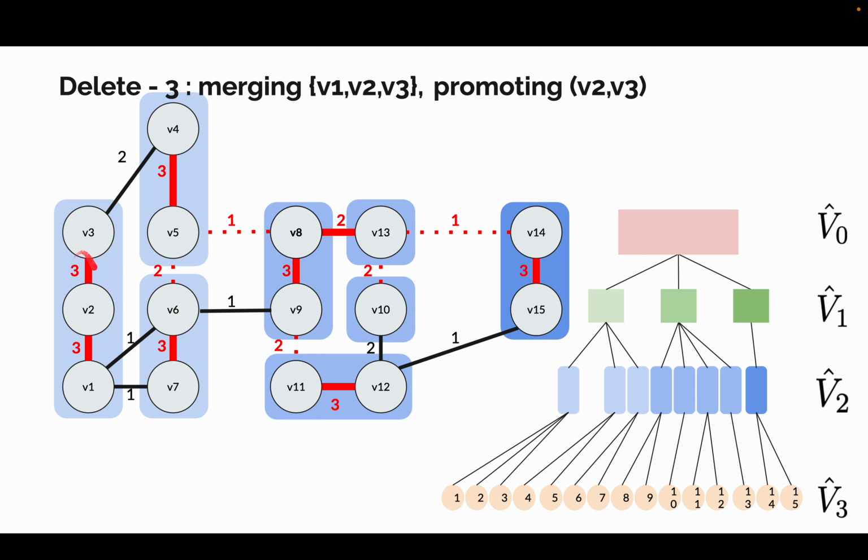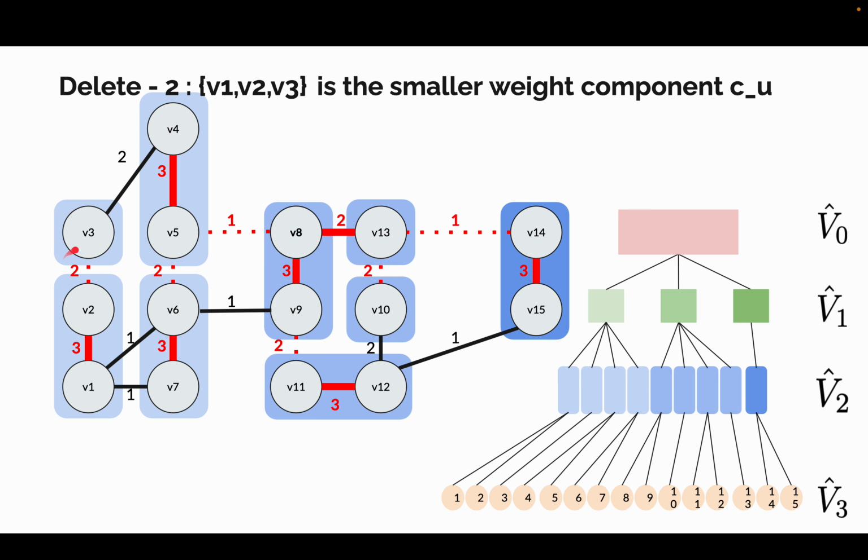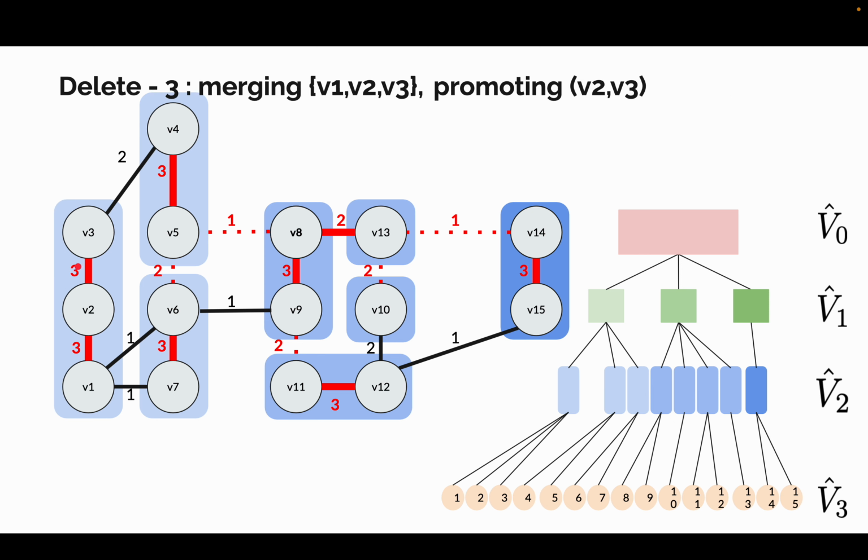So we need to promote. Promoting means incrementing the depth of the edge. So the depth was transitioned from 2 and was promoted to 3. So merging plus promotion only happens within CU.